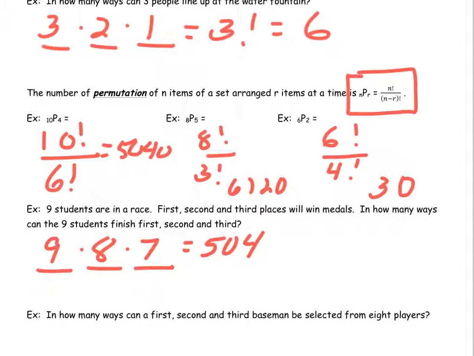Now if we want to do it the new way, nPr, it would be 9P3, so we have 9 people racing, and there's 3 medals, which is 9 factorial over 6 factorial. And if we put that in our calculator, we will get 504 again.